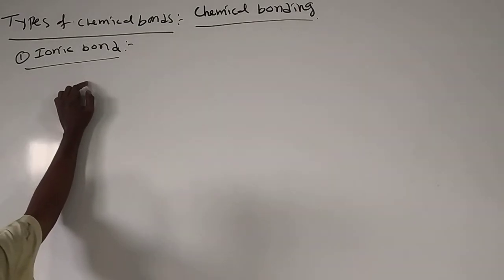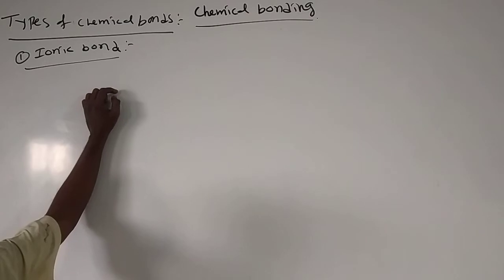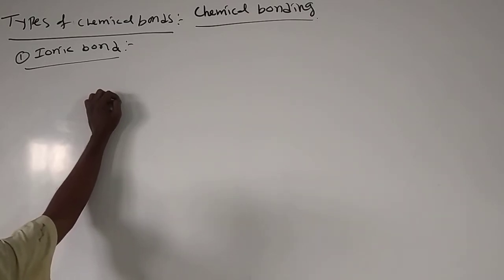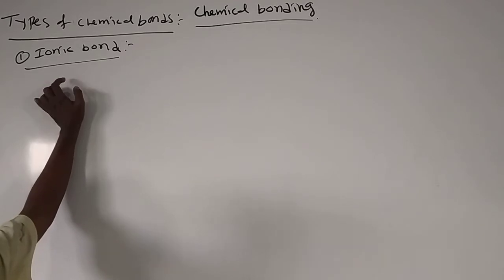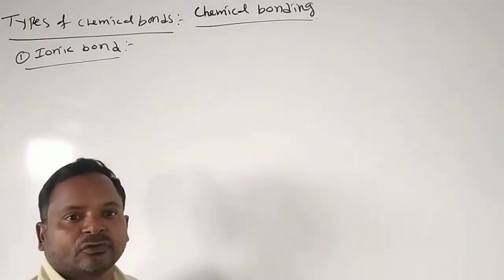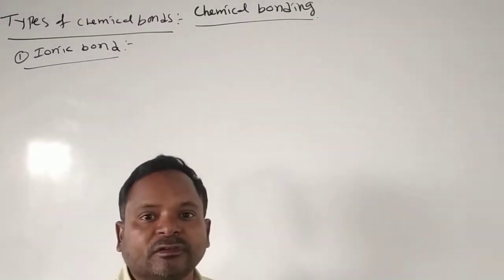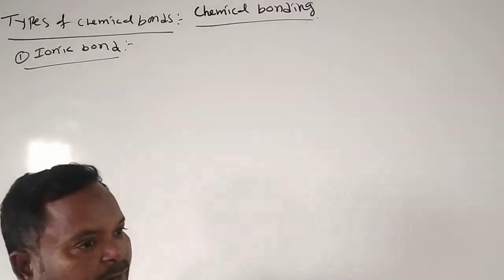Ionic bond means the strong attraction forces between two oppositely charged ions. What is the ionic bond? The strong attraction forces between two oppositely charged ions we call an ionic bond.